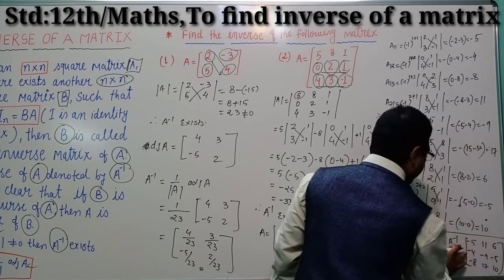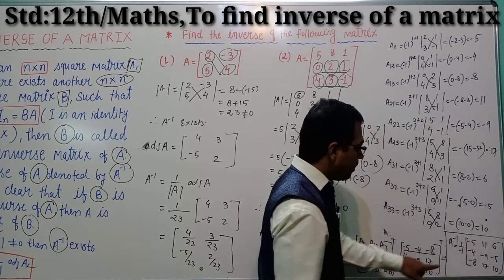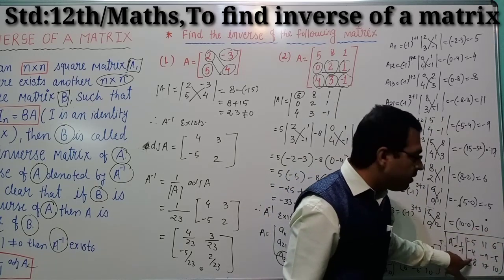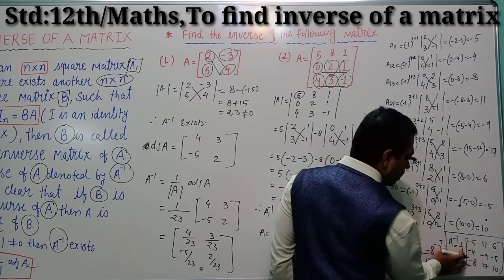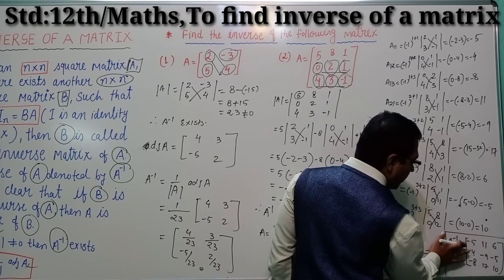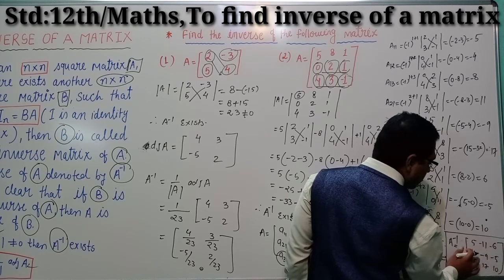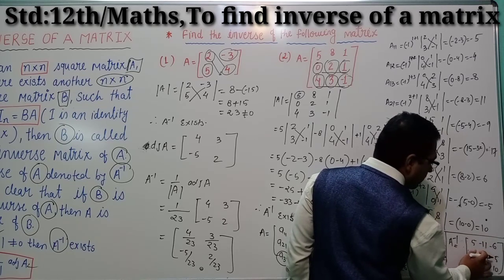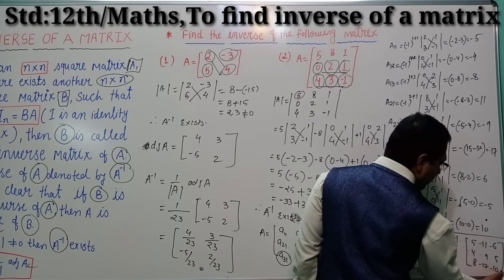Okay students, here you can see that you will have to divide this number by minus 1. So all these negative integer will become positive and positive integer will become negative. So if you multiply minus 1 with all these elements, this will be plus, minus minus, this will be plus plus plus, this will become minus minus.